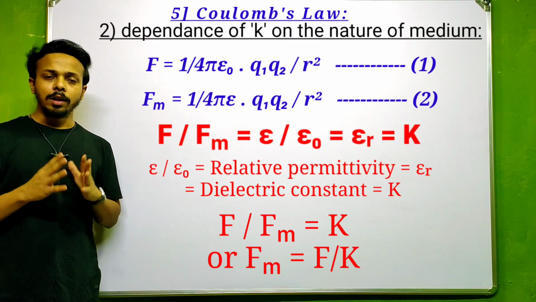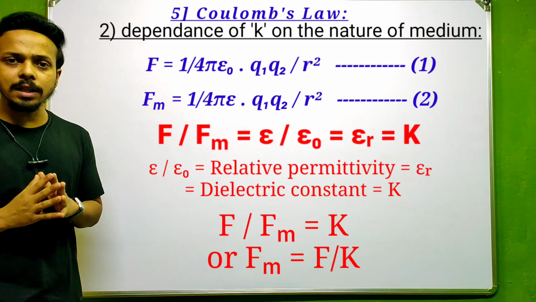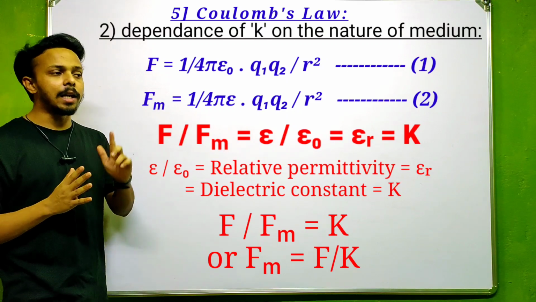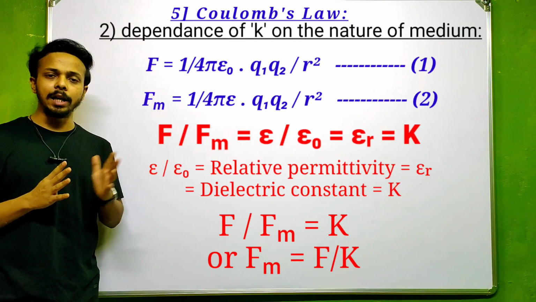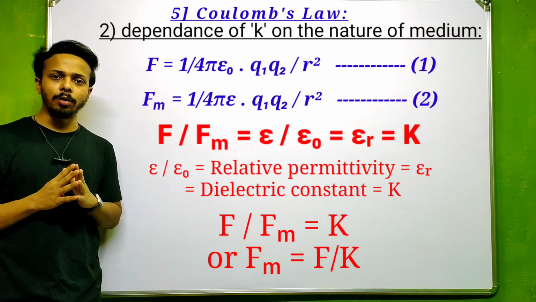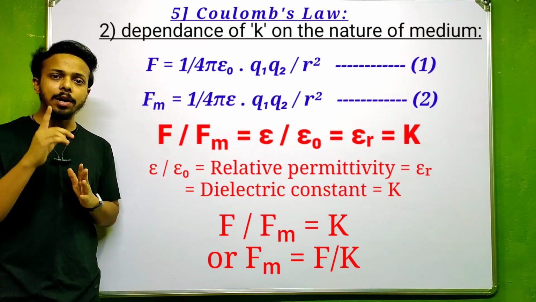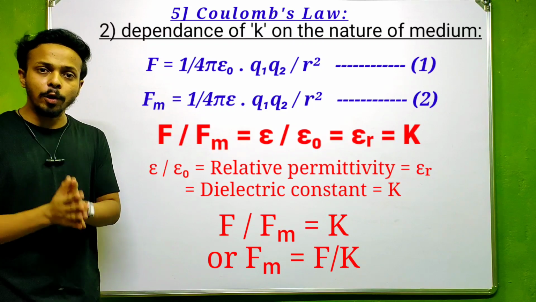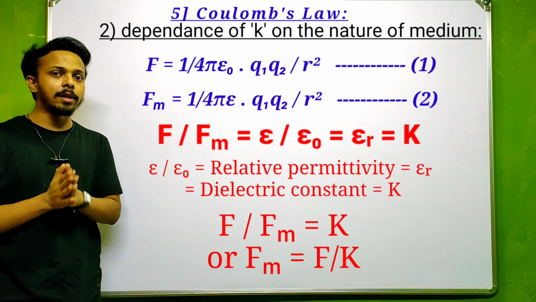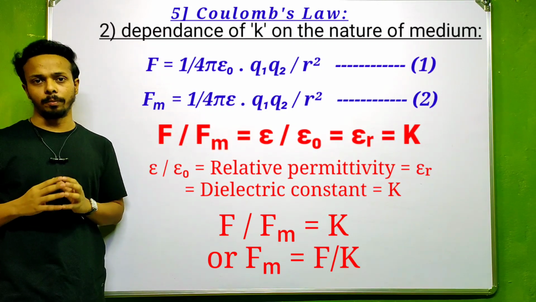Okay, so the force between the 2 point charges separated by a certain distance in an insulating medium, other than air or vacuum, is equal to 1 divided by K times the force between the same two charges when they are present in air or vacuum.